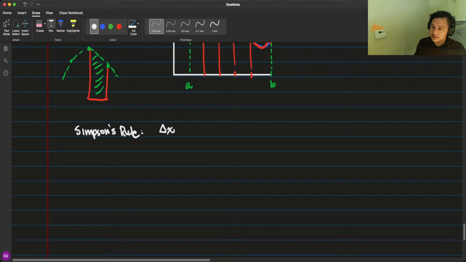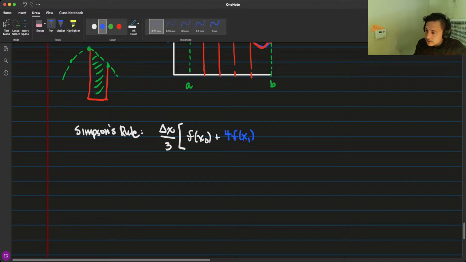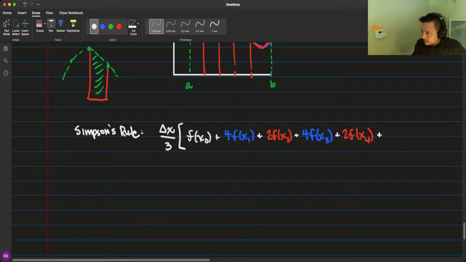You're going to take your delta x, divide by 3, and then multiply by f of x0 plus 4f of x1 plus 2f of x2 plus 4f of x3 plus 2f of x4 plus f of x5 as an example.